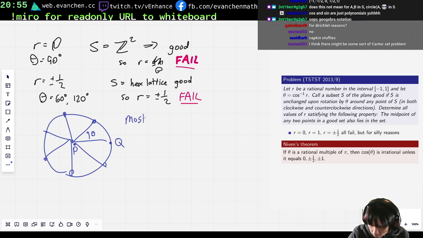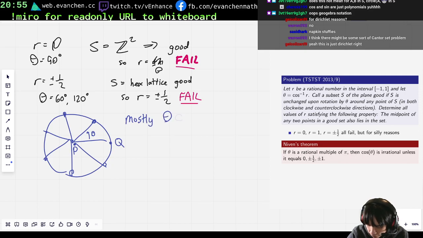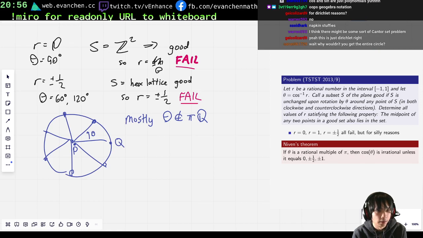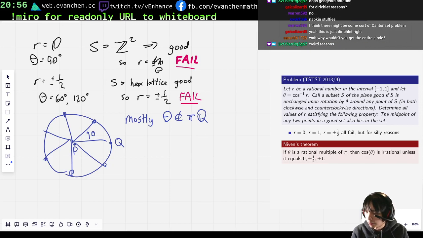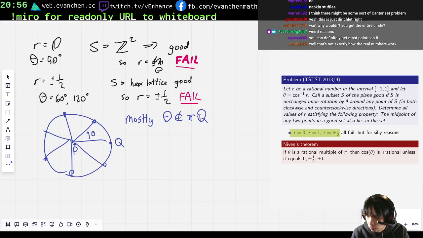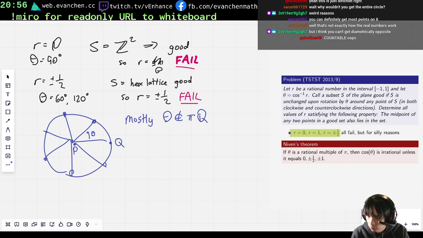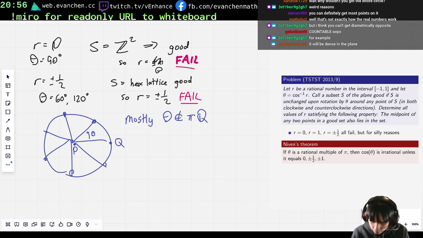Yeah, so mostly theta is not a rational multiple of pi. And so for all the non-silly sets, other than these 5 special cases, you will always get a countable dense subset of every circle, and now all heck is going to break loose.